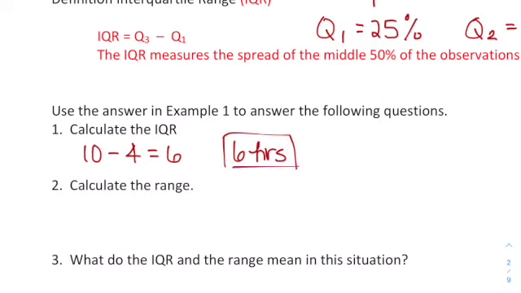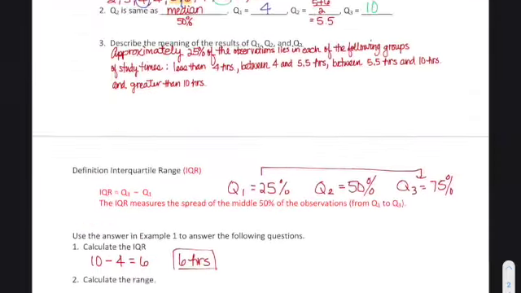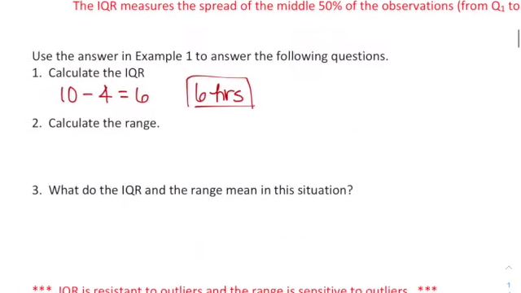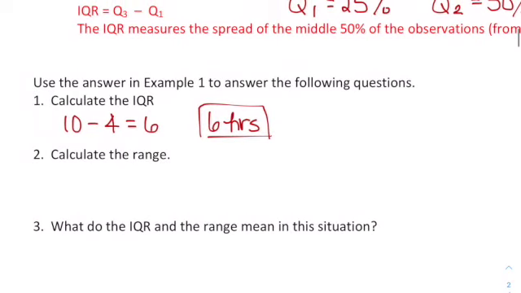Then the next question is asking, calculate the range. Well, the range, last time we put in order, just want to make sure you recheck. The biggest number is 28. The smallest number is 2. So the range, again, is the biggest number minus the smallest number, or the max minus the min. Or you can look at your calculator and it will tell you the max and min.